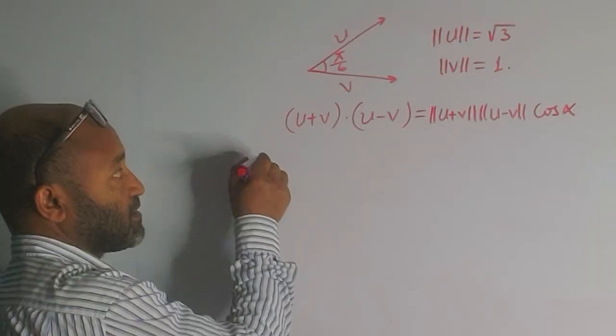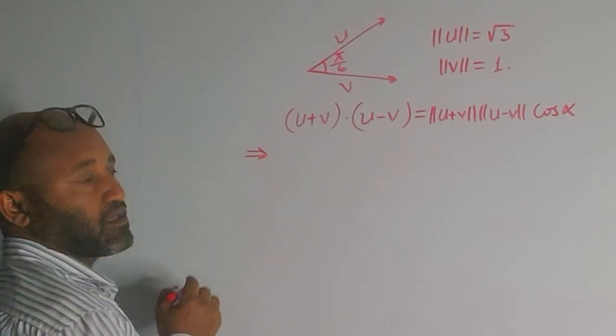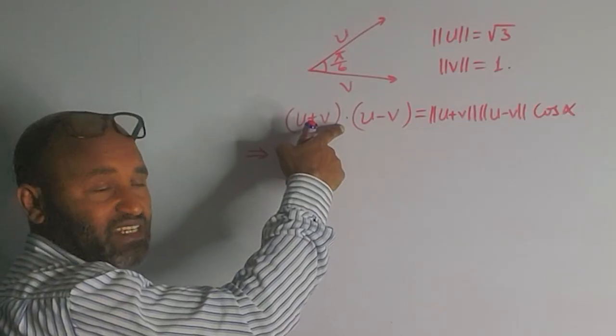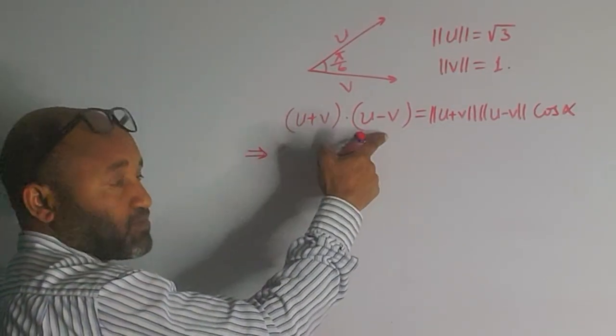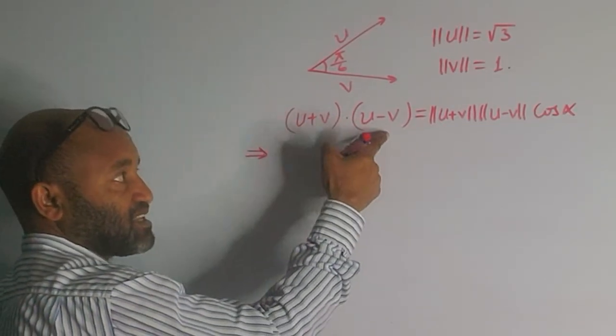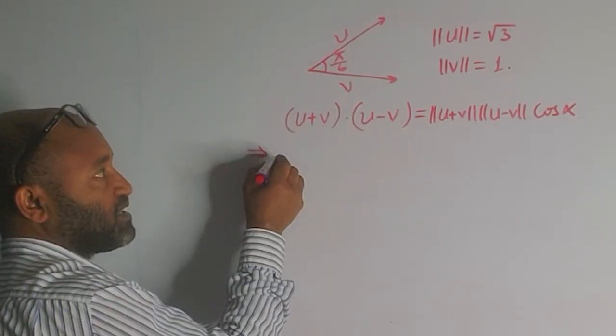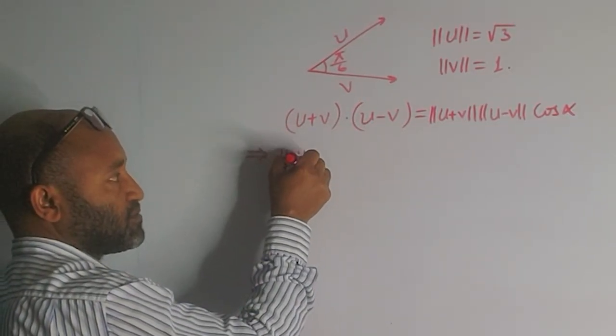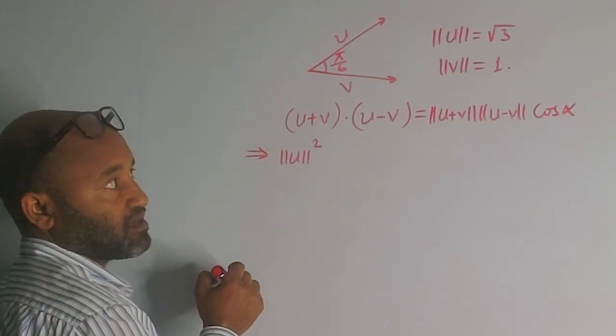Then apply the property, distributive property of dot product over addition. We have seen this. The dot product of the two will be, look, u dot u, magnitude of u square.